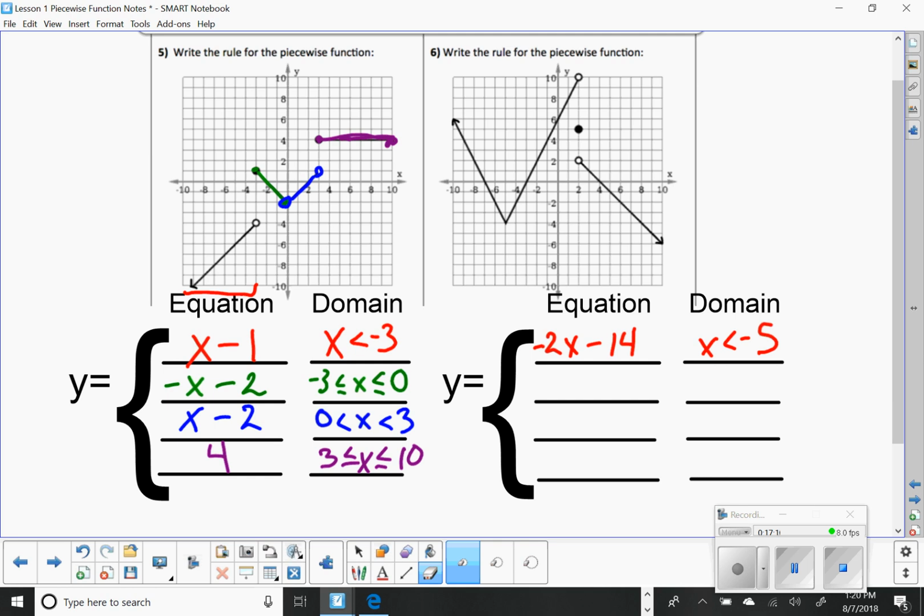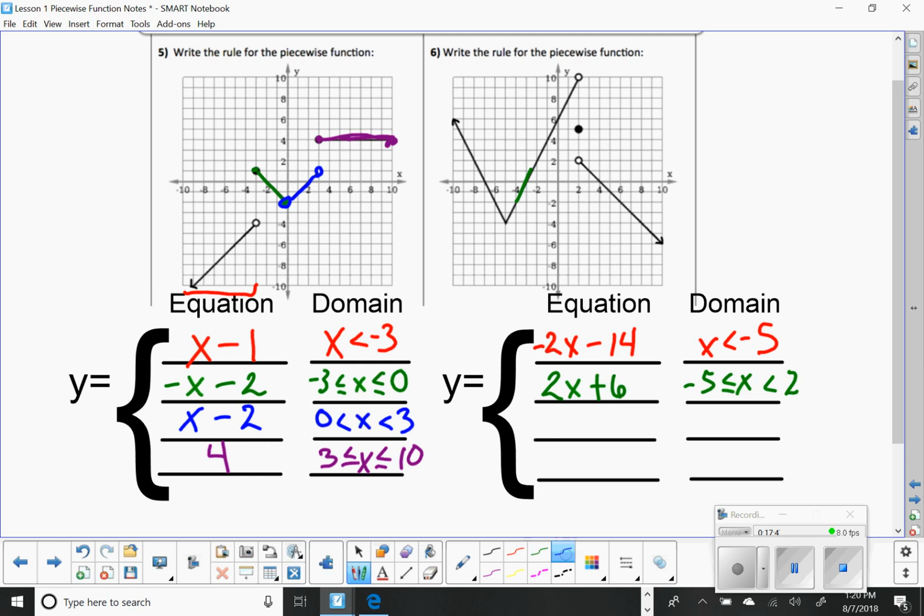So x is less than, now then at, do the green, -5 less than or equal to x less than 2. That would be this section right here. This is going up by 2, so it's a positive 2x. And this is crossing at 6, so plus 6.